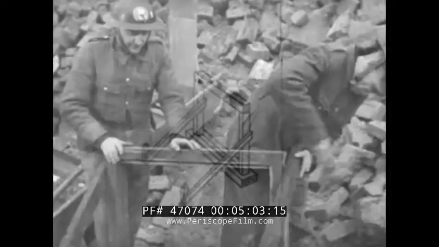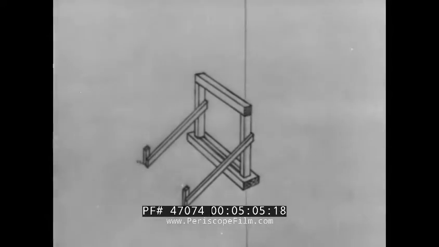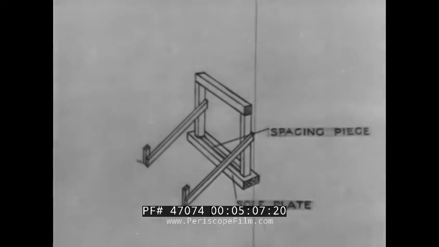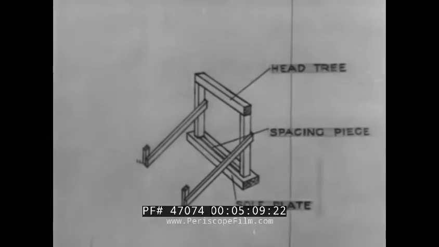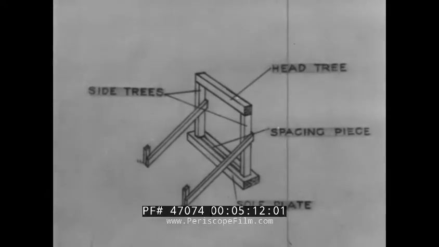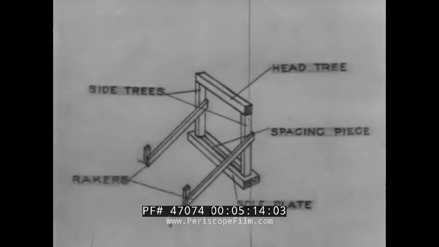This completes the first frame, which consists of a sole plate with spacing piece or spreader, head tree and side trees, and which is supported by struts or rakers. On soft ground, the rakers will have to be held by pegs such as you see here.